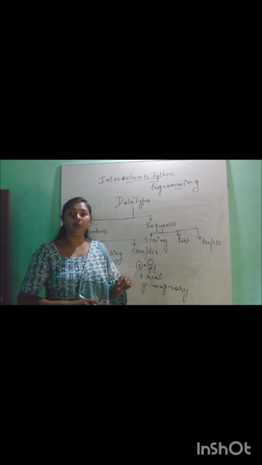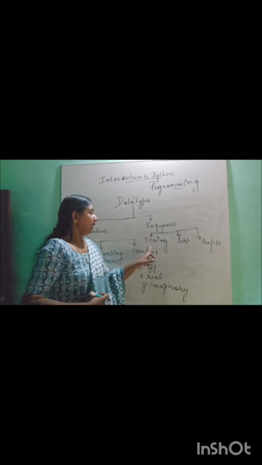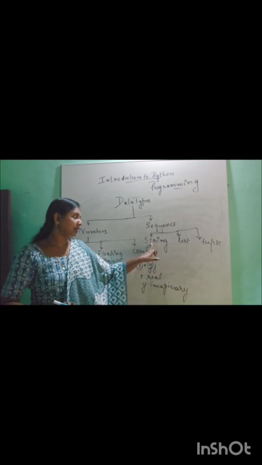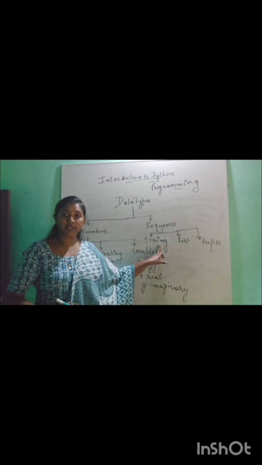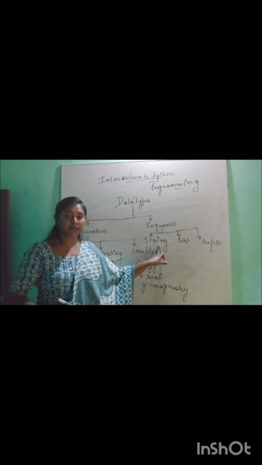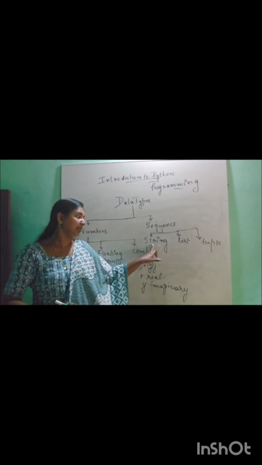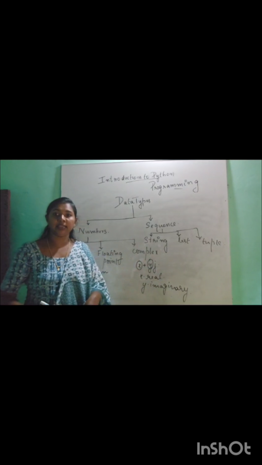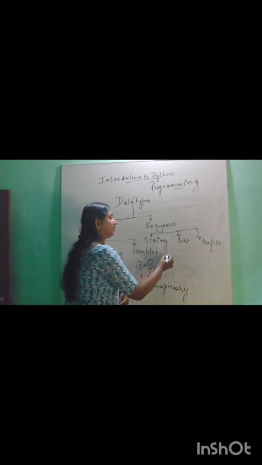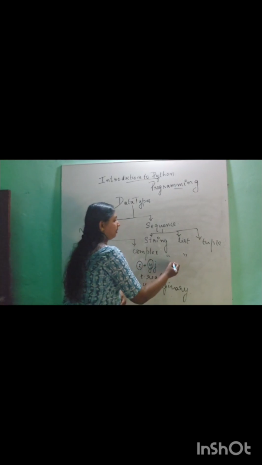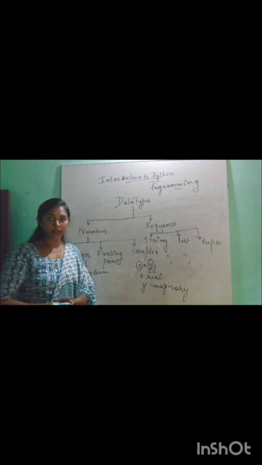So moving on to what is a string. If you are asked what a string is, in simple words you can say that a string is a set of characters enclosed in either double inverted commas or single inverted commas.